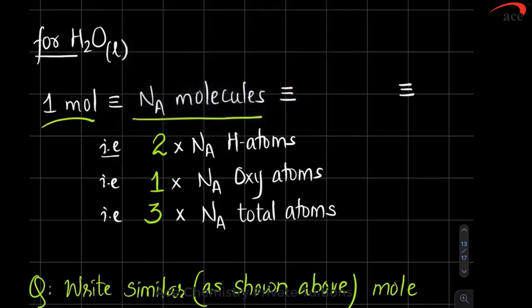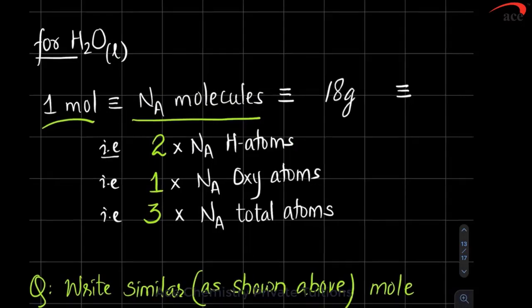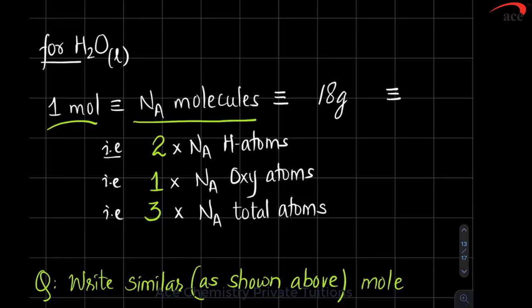If you take 1 mole of water, how many grams is it? Correct. It is 18 gram. And how much space will it occupy? 22.4 liter space is wrong because it is liquid. Then what is its volume?